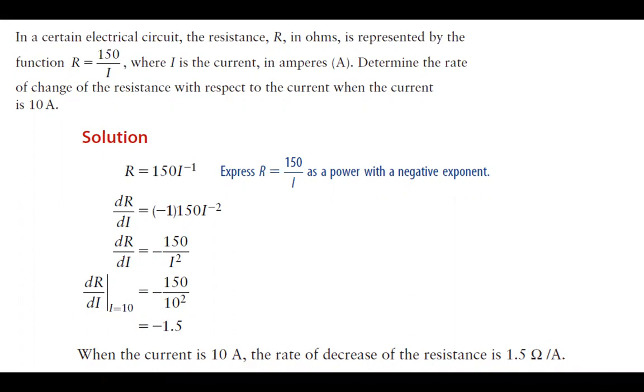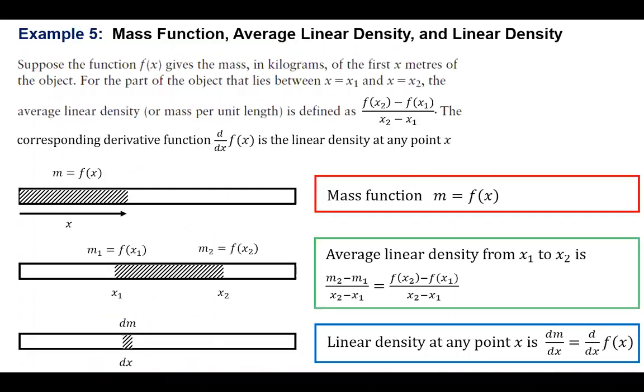Let's have a look at another concept in physics, which is about the mass function, average linear density, and linear density. First, the concept. Suppose the function f(x) gives the mass in kilograms of the first x meters of the object.